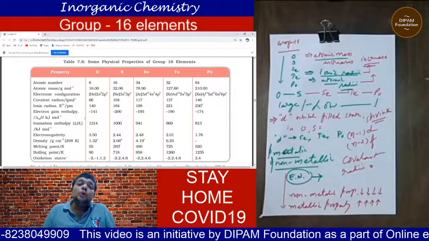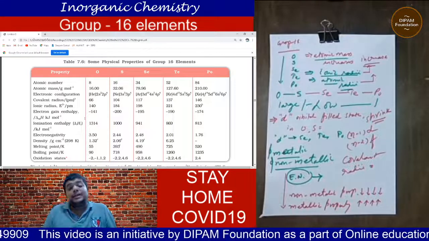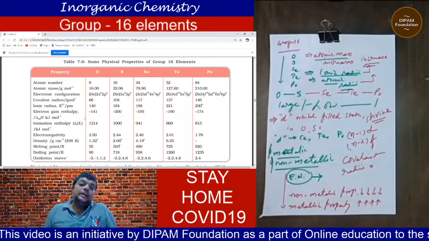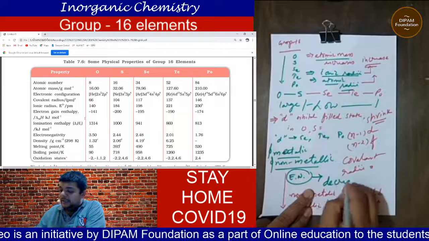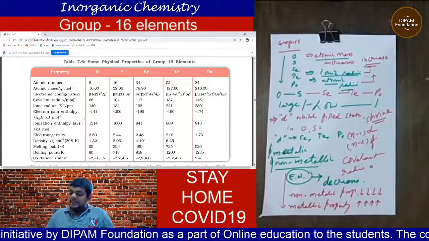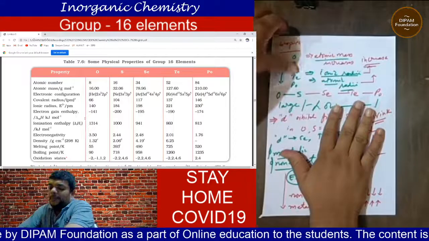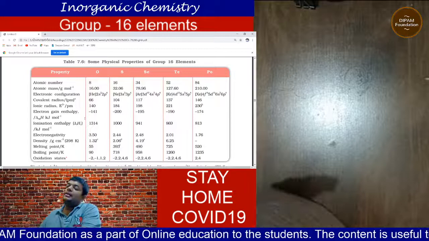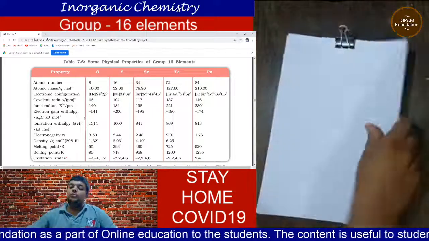Hence, moving down group 16, atomic radii increases and therefore the tendency to attract the shared pair of electrons decreases, resulting in decreasing value of electronegativity based on the Pauling scale. So, electronegativity decreases down the group. So, over here, friends, electronegativity decreases down the group, non-metallic property decreases down the group, whereas atomic radii, ionic radii, atomic mass, and the property of being metal increase down the group.